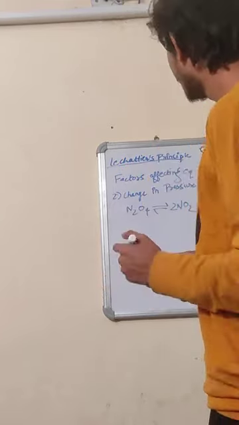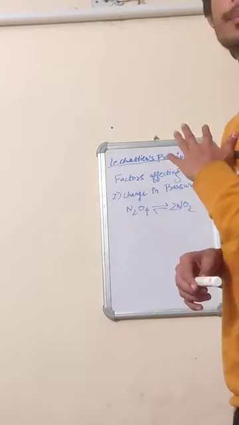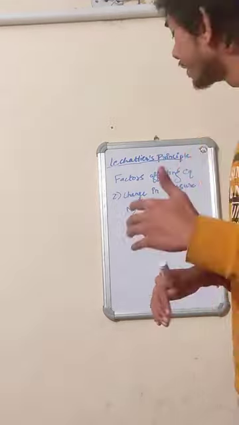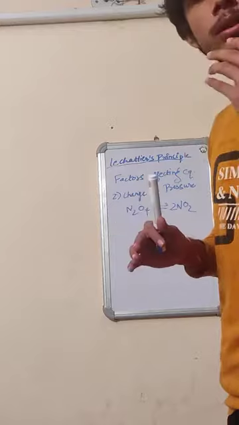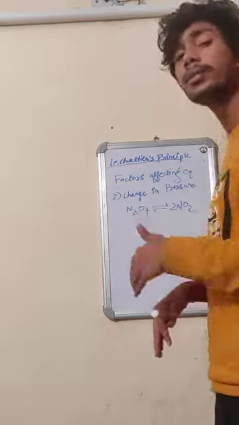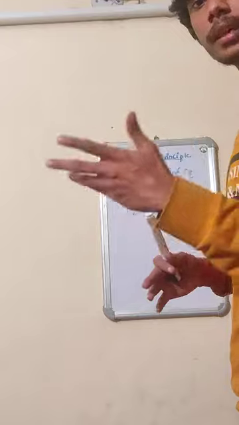What will happen with a change in pressure? Whenever the pressure is increased, the reaction will move in the direction where the number of moles is less. We will discuss the reason behind it further in the video, but first let's talk about the change.